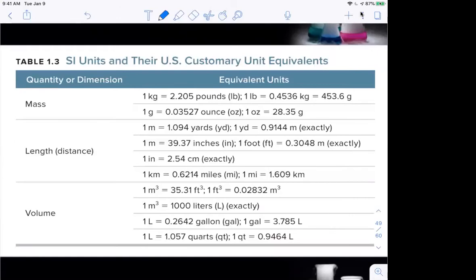If I'm working within the same system, like English and English, I know 1 gallon is equal to 4 quarts. That's a definition, unlimited significant figures. I know 1,000 grams is equal to 1 kilogram. That's a definition, unlimited sig figs.